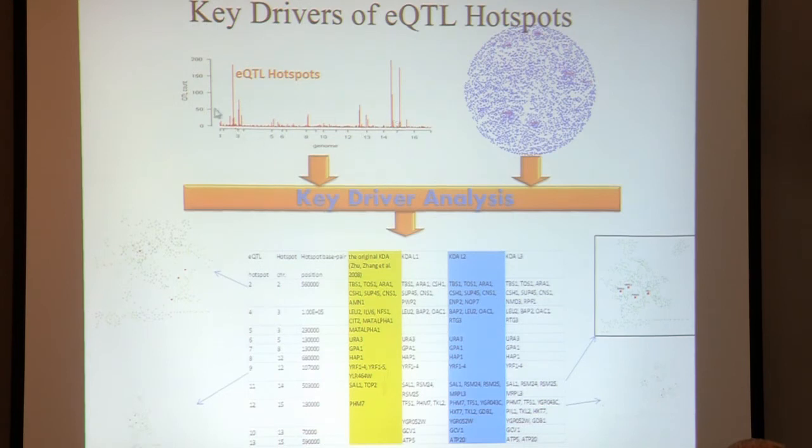You can see those hotspots along the whole genome. This is the Bayesian network. The yeast system is relatively simple, so you can see the network is relatively sparse. But in human or mouse studies, you can see a much denser network.